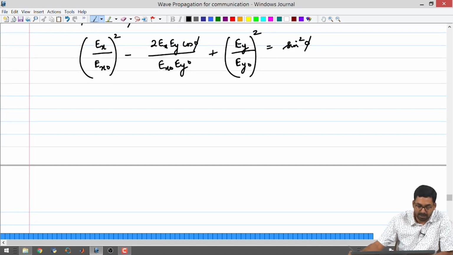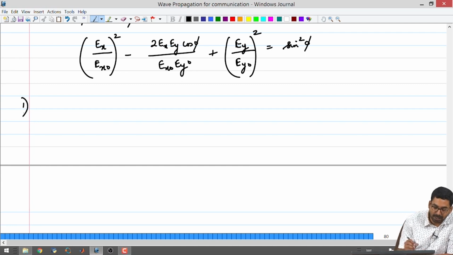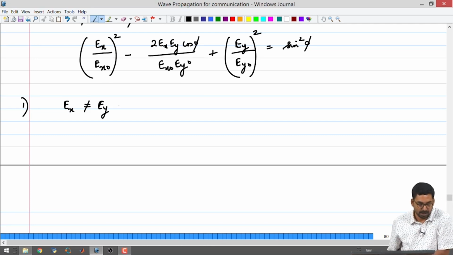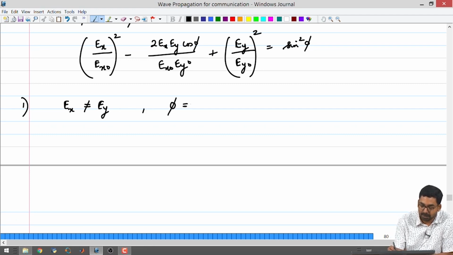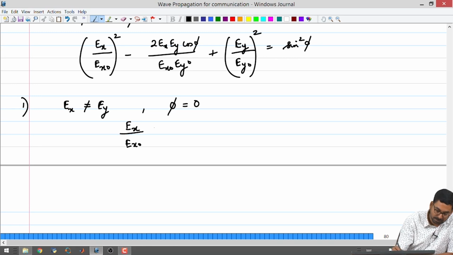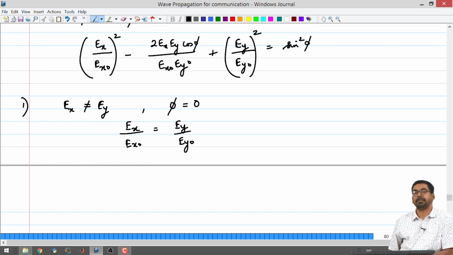So let us say that I have some equation and I want to find out what it means, and I then start to look at different cases. The first case I look at is Ex not equal to Ey, and say the phase between them is 0. In other words, the way we have written it, this means that Ex divided by Ex naught is equal to Ey by Ey naught.